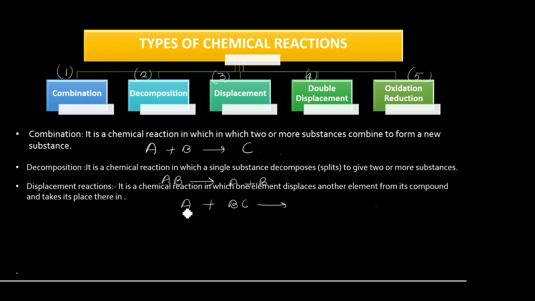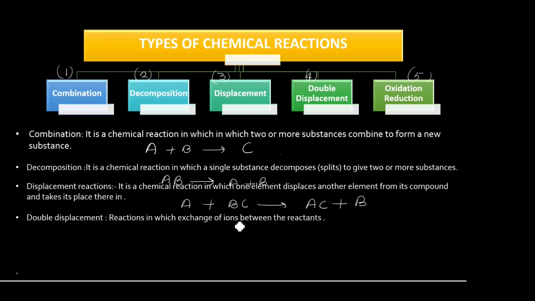So A will displace B from BC and form AC plus B. It means that A is more reactive than B. That is why it is able to displace B from BC. For this, you have to know about the reactivity series, which I will tell in future classes.